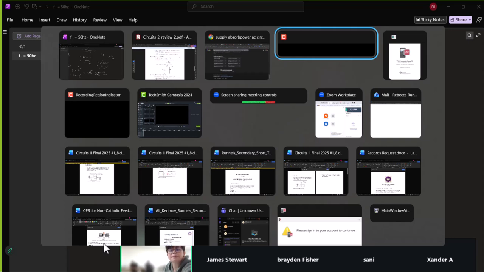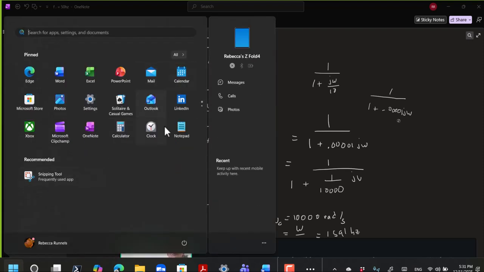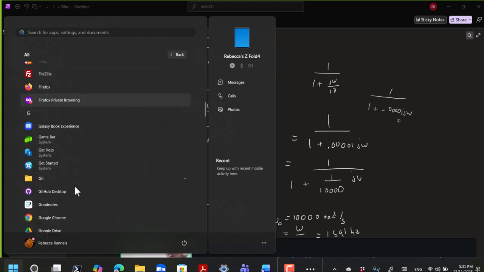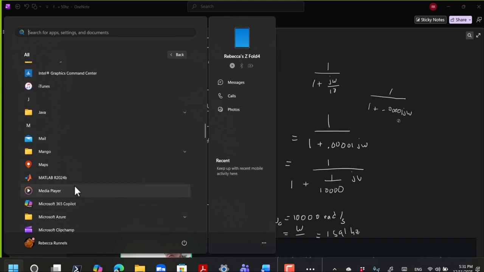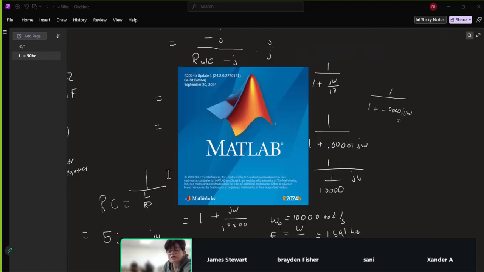Where's my MATLAB? You had the sample code in class, and you can get that. It's right on your course page. Let me show y'all where it is.